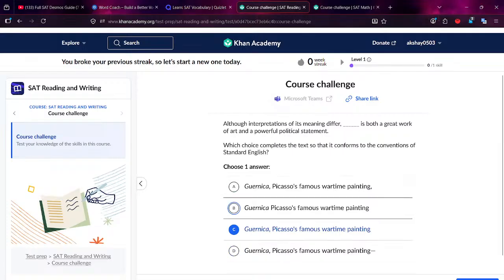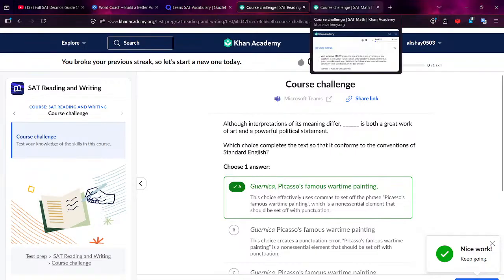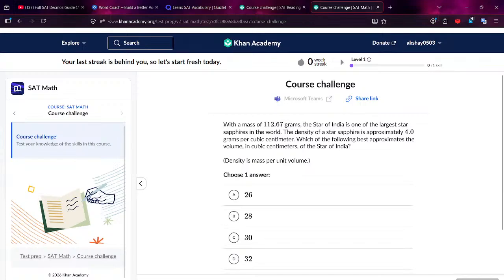This one doesn't make sense, you need a comma here. But this comma doesn't make sense because it doesn't sound right. Although interpretations of meaning differ, Guernica, Picasso's famous wartime painting, is both a great work of art. That actually doesn't make sense, so I'm switching my answer to A because it makes sense.